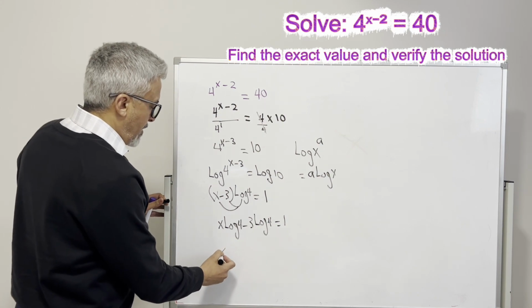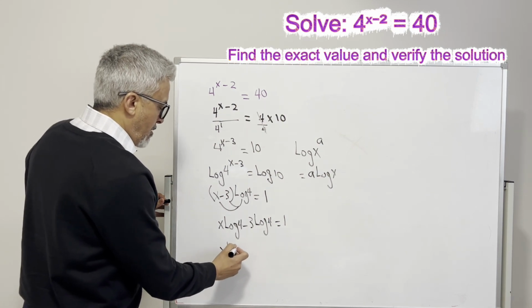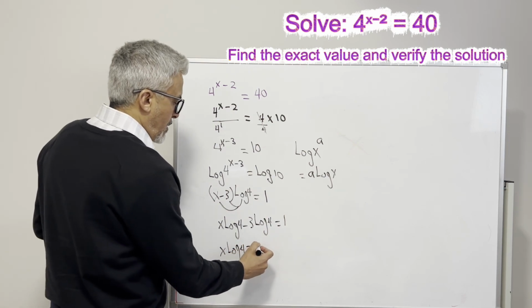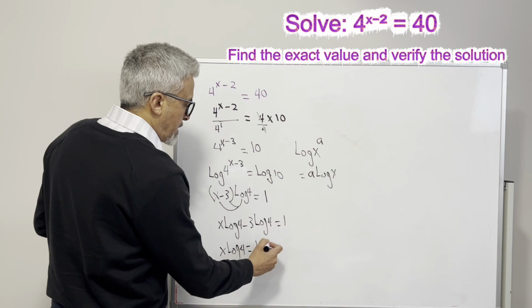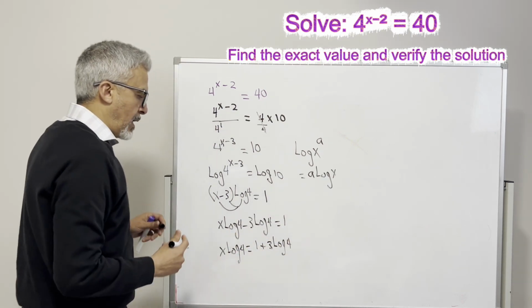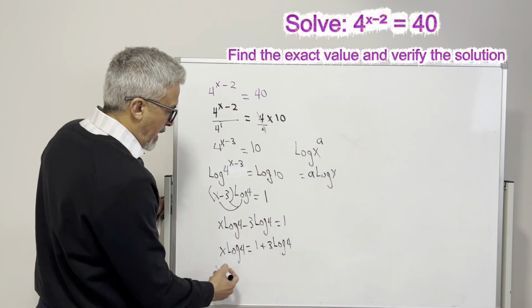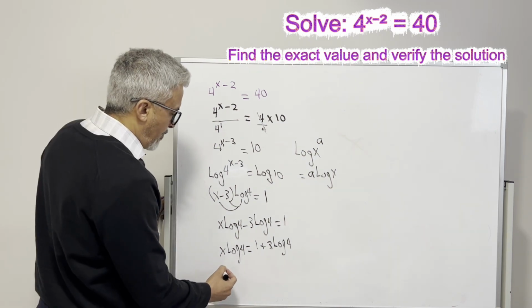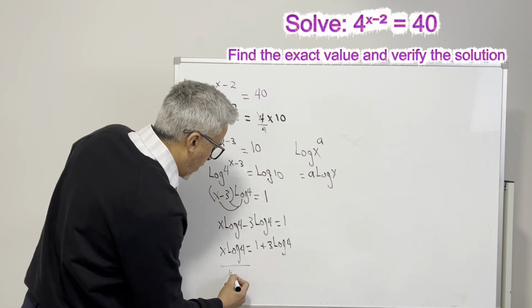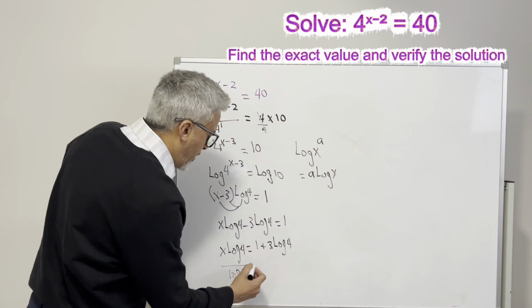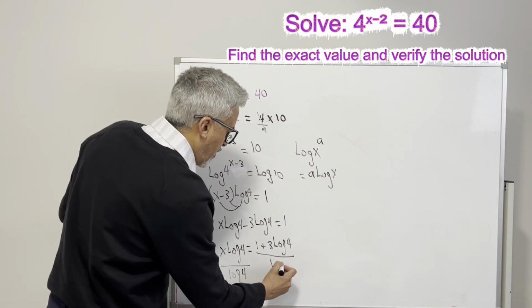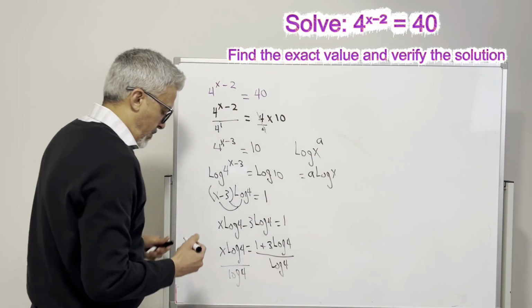So I have x log 4 equals 1 plus 3 log 4, basically adding 3 log 4 to both sides. And now I'm going to divide both sides by log 4.